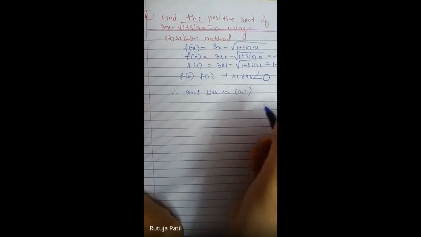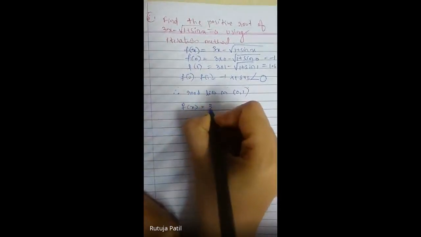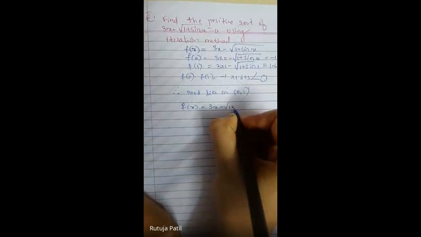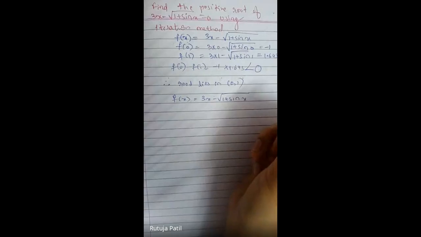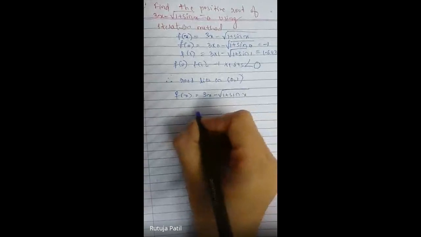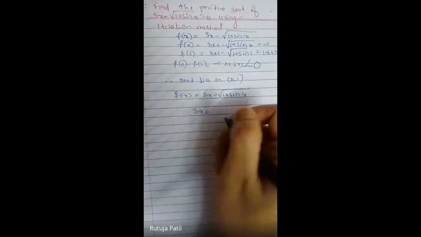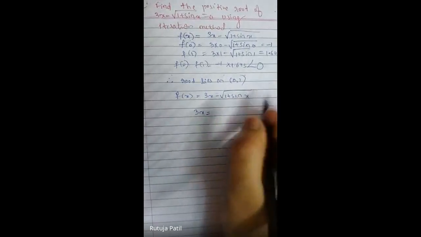Now the next thing: the given equation is f of x equals 3x minus square root of 1 plus sine x. We have to find phi of x, that is, convert the equation into the form x equals. I'll keep the 3x as it is and bring the square root of 1 plus sine x to the RHS.